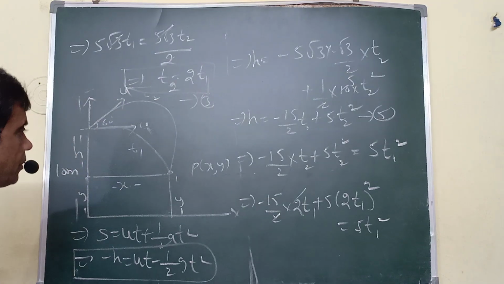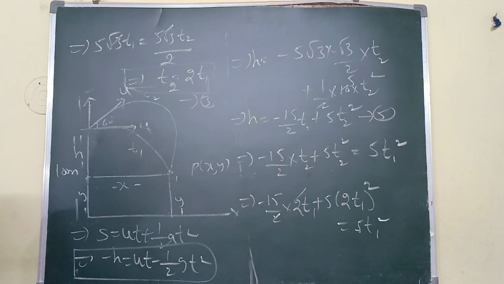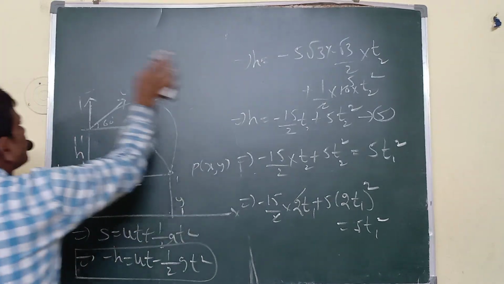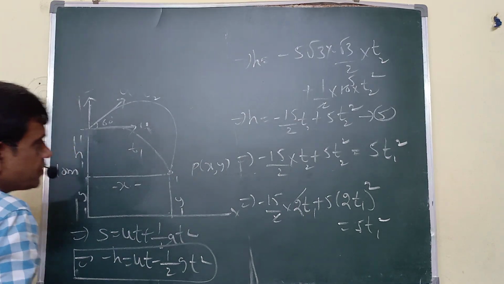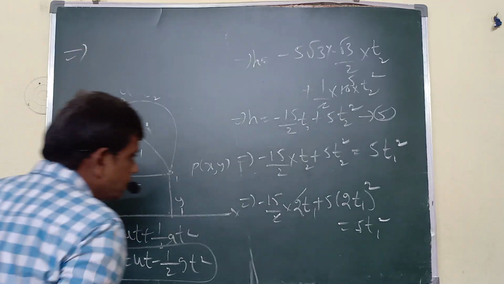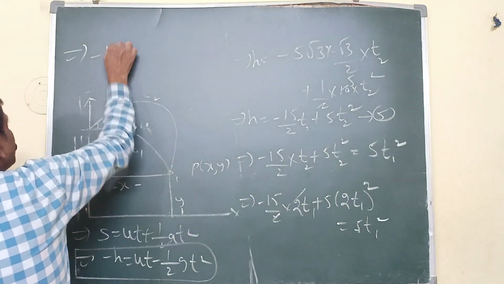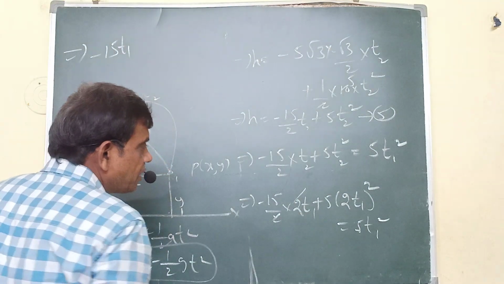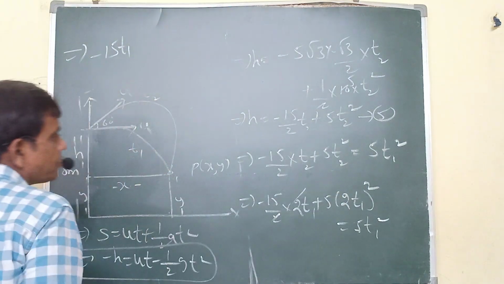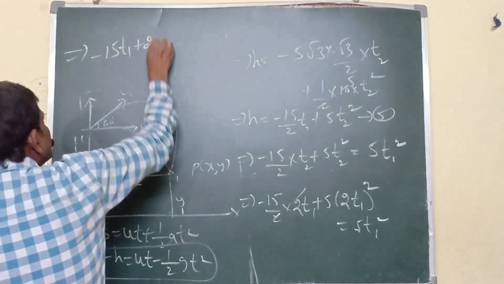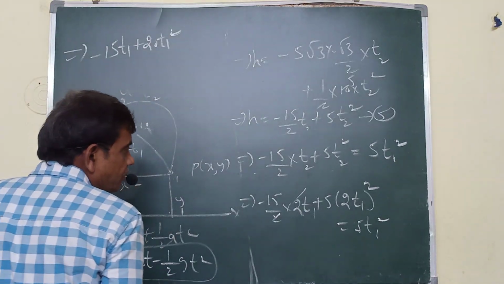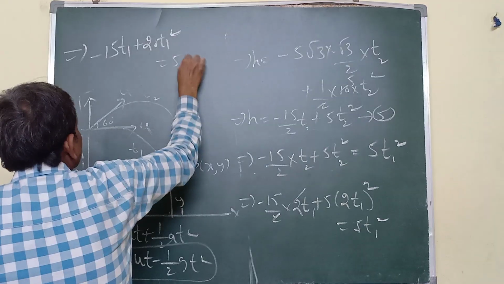So by doing mathematics I am getting T1. Again T1 T2 relation we are getting. Then what happens here now? This implies that is minus 15T1 plus, 5 4s are 20, plus 20 T1 square, that equals to 5T1 square.